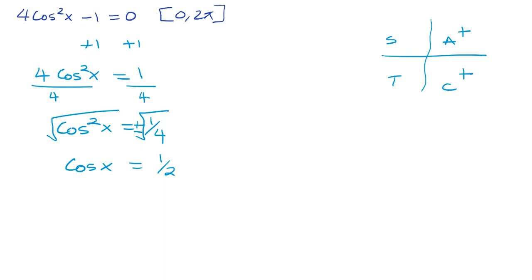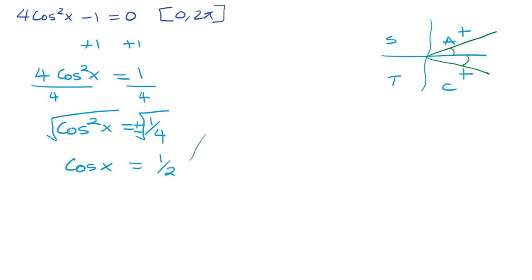And unit circle is important. So we know that cosine x is equal to 1/2 when x is equal to pi over 3. Remember that your pi over 3 is going to be your reference angle. So in the first quadrant, you're going to have it here, and in the fourth quadrant, you're going to have it right here.